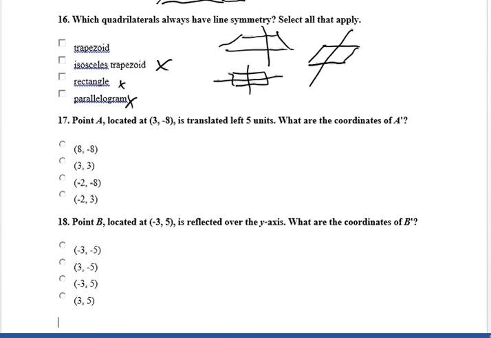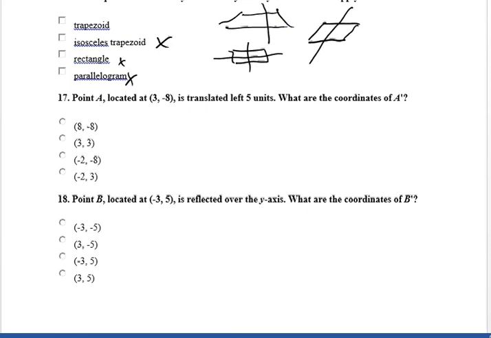Okay. Point A is located at 3, negative 8. Is translated left 5 units. What are the coordinates of A prime? The prime is the image. So we have point A. I'm just going to draw a little grid so I know where it is. 3, negative 8. And it is translated left 5 units.